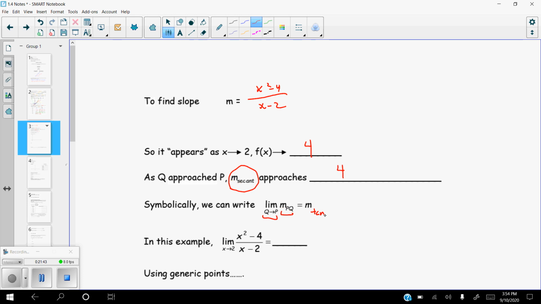So you take the limit as Q gets closer and closer to P, and what you're going to end up with is the tangent line slope. So in our example, what we had was the limit as x approached 2, because that was the x value of the point that we were interested in, of x squared minus 4 over x minus 2 appears like it is approaching 4.